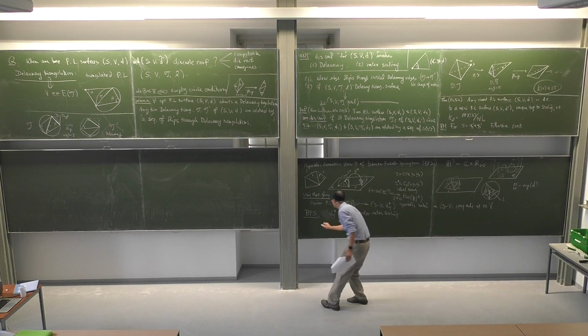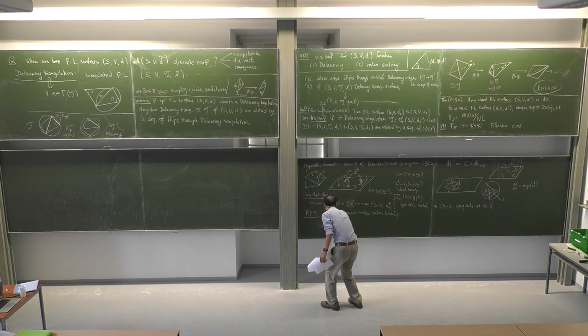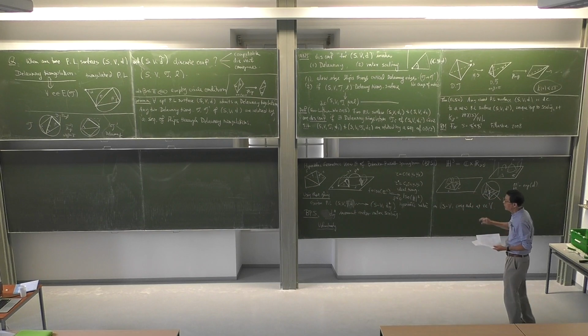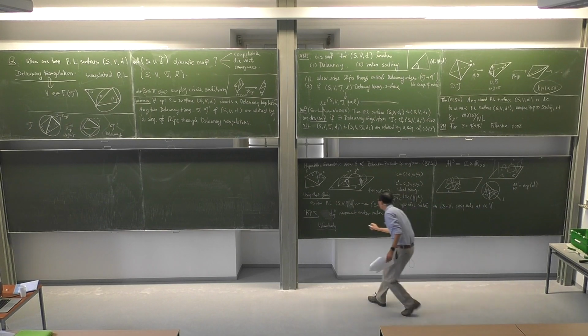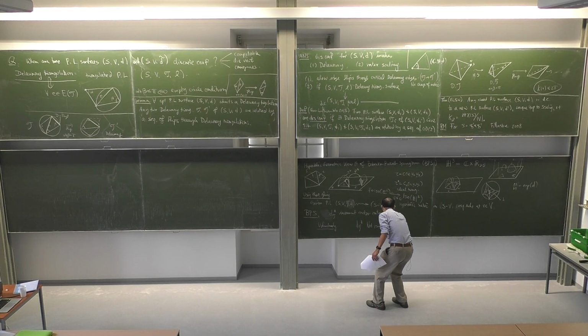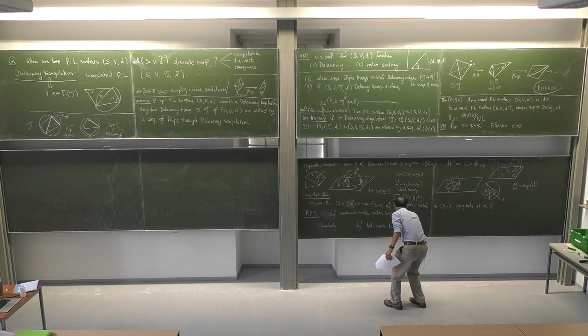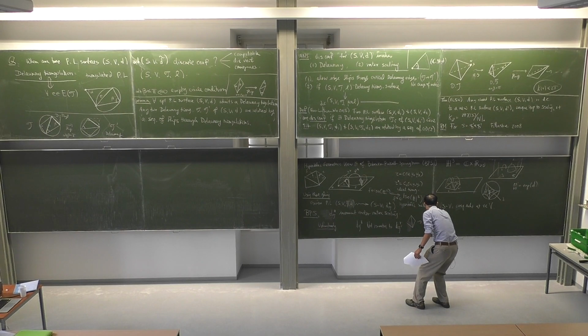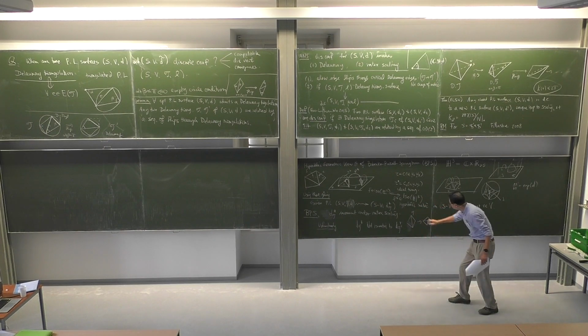But unfortunately, which I also missed, this metric changes if you do a flip. So you take your triangulation, take an edge in it, and you flip it.